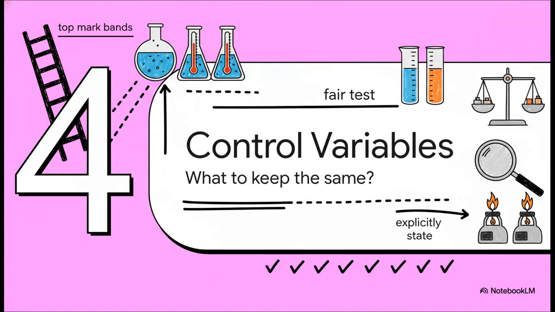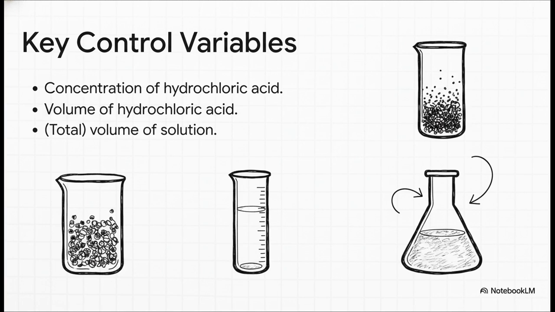But wait, we're not done yet. A good method is one thing, but to get into that top-tier 5 or 6 mark category, you have to talk about your control variables. In other words, what are you purposefully keeping the same every single time to make sure it's a truly fair test? And here they are, the big 3. These are the ones the examiner is hunting for.